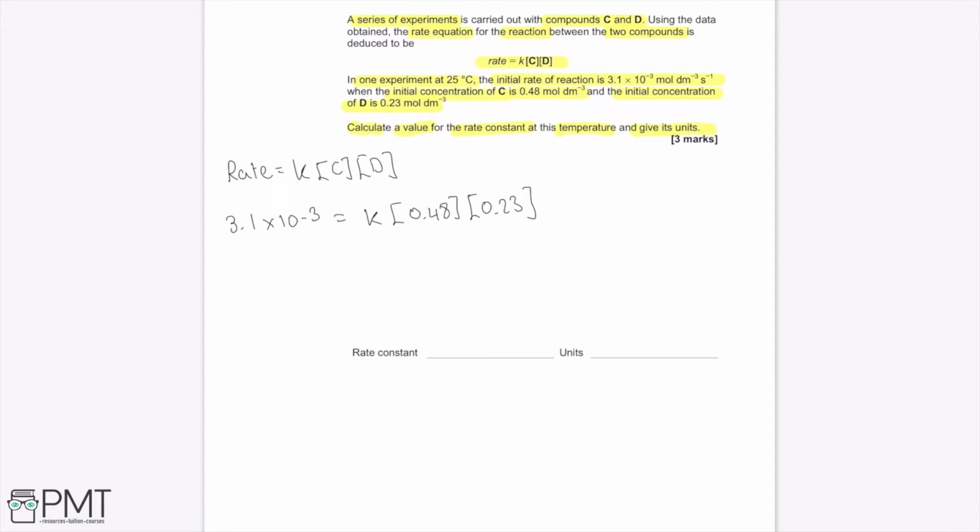So if we now rearrange for K by dividing by the concentration of C multiplied by the concentration of D, we will get K equals 3.1 times 10 to the minus 3 divided by 0.48 times 0.23. And this will get us a value of 2.8 times 10 to the minus 2 for the rate constant.